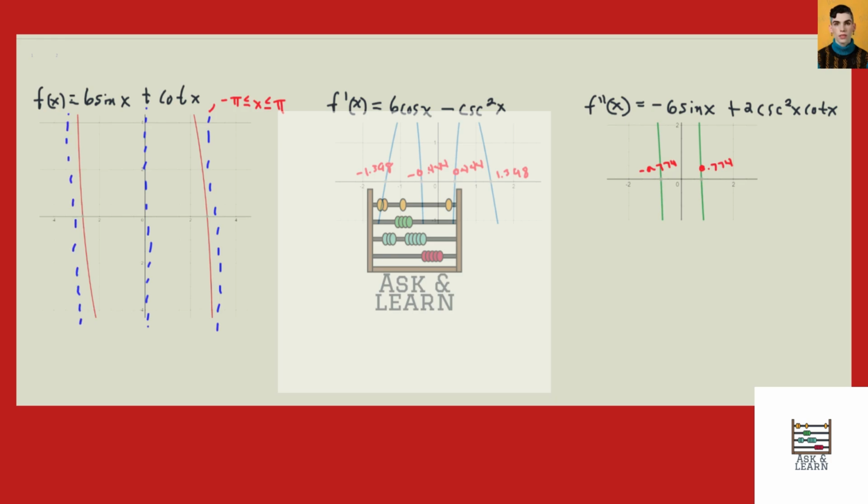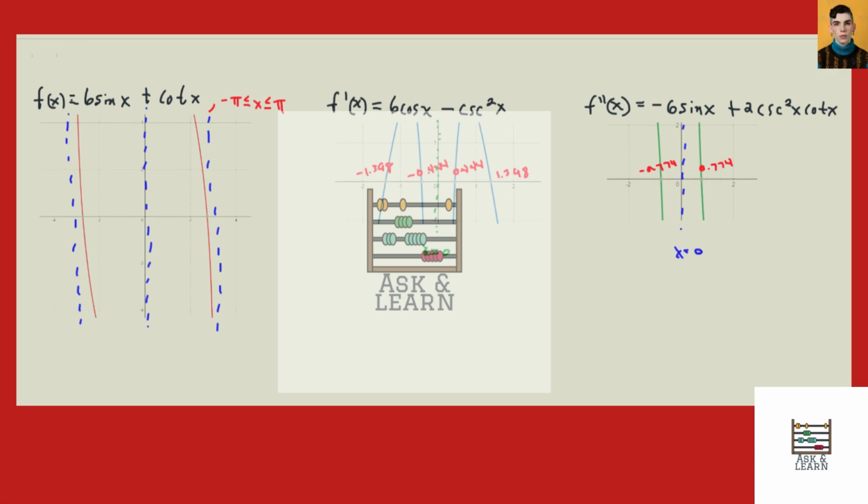And likewise, for our derivatives, we will have vertical asymptotes at those points too. So we don't really have to worry about the endpoints. But for our intervals of where it's concave up or concave down, we will care about those vertical asymptotes. All right, so x is equal to 0.